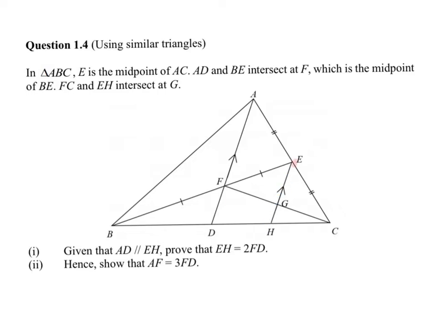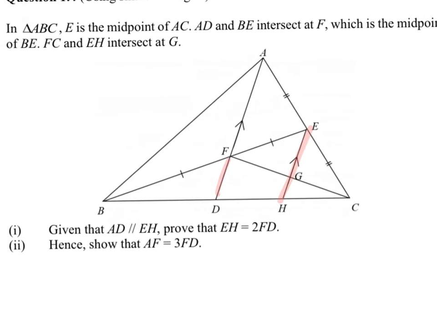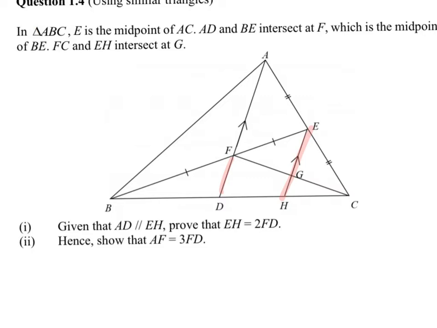So looking at this figure, let's try to investigate. You should see some parallel lines, right? With these parallel lines, it'll be good to start observing if there are any similar triangles involved.